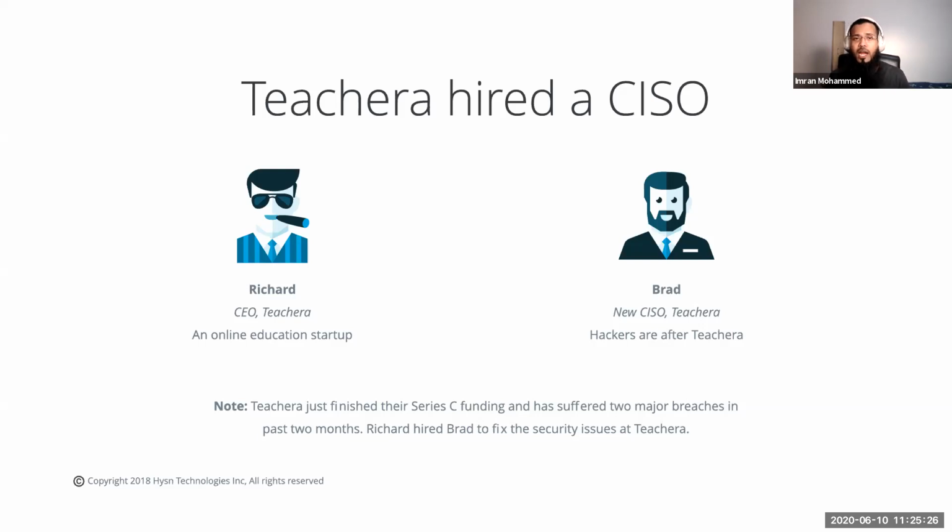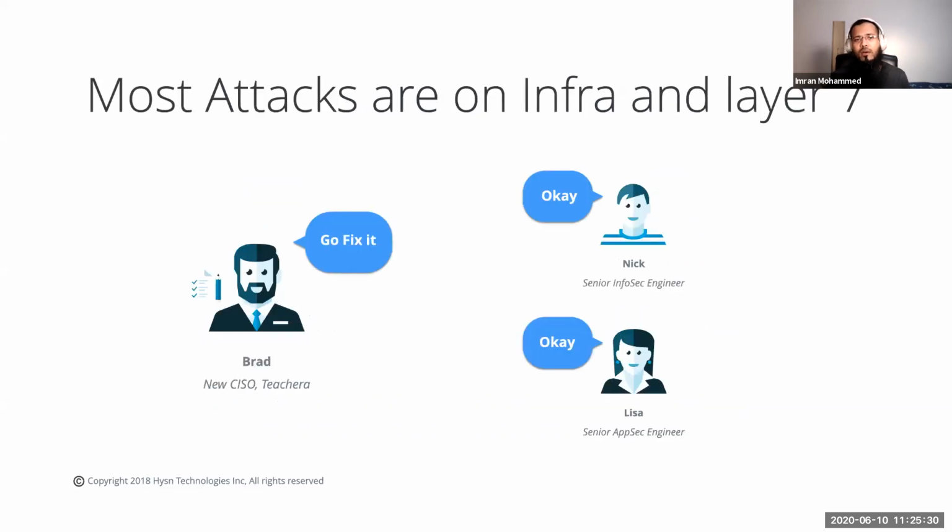So they hired Brad to help them do information security. And then Brad, once he came in, figured out, I cannot do it alone, so I need help. So he hired Nick and Lisa, both of them, to do security. And for the sake of argument, we are going to divide it into InfoSec and AppSec. I would probably prefer not to divide it that way, but let's talk about it.